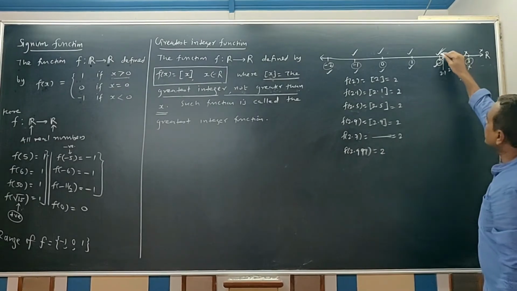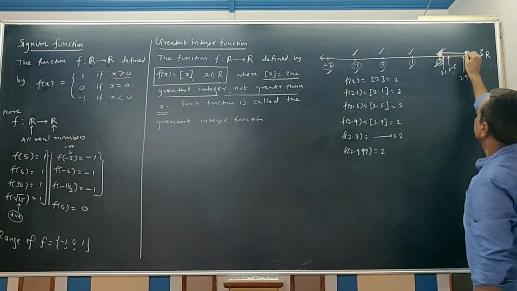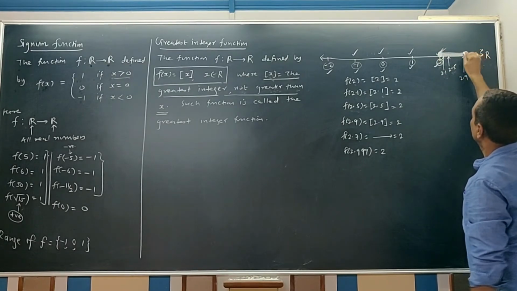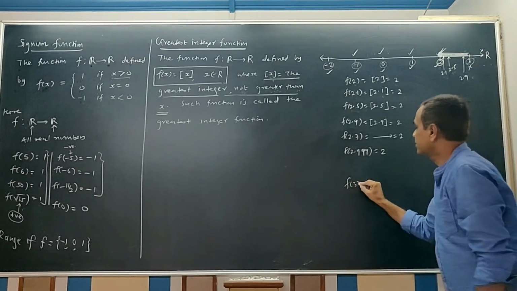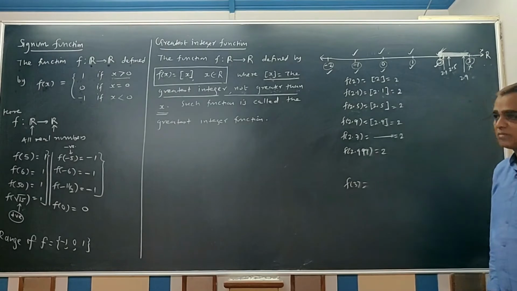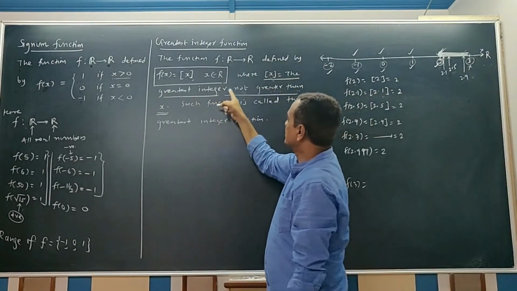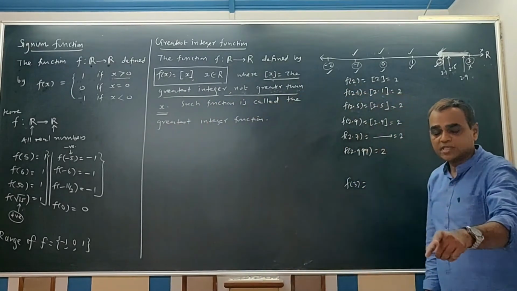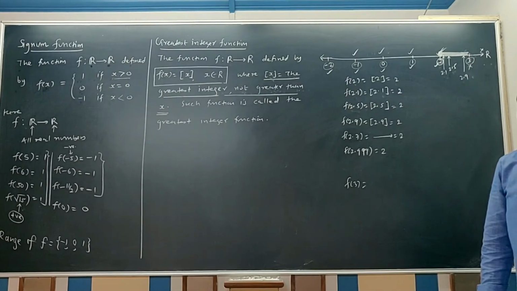So if you take any number from this part, from 2 to 3. Now if I take 3 here, the greatest integer not greater than 3. The greatest integer not greater than 3 means don't take 4, 5, 6.